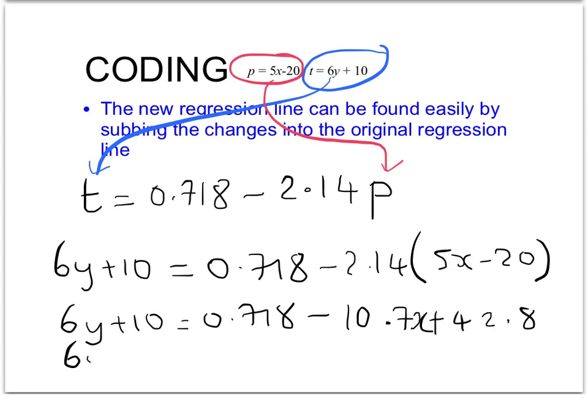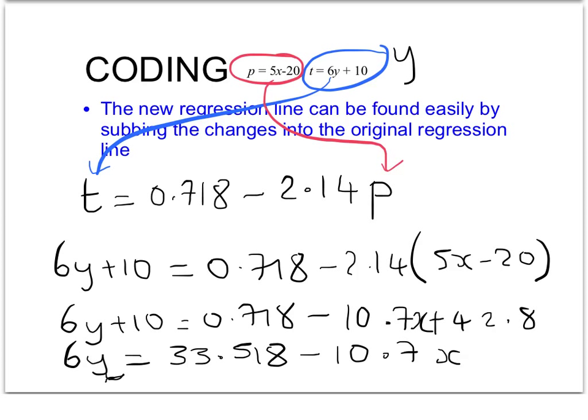So 6y would equal 0.718 add 42.8 minus 10, 33.518. I think I'm doing this right. Well, I am doing it right mathematically, but I may have added up wrong. And then divide everything by 6. So y, I'll write this at the top because I've run out of room. Y equals 33.518 divided by 6.